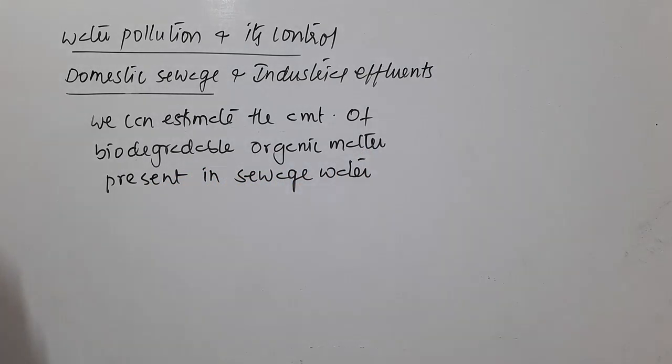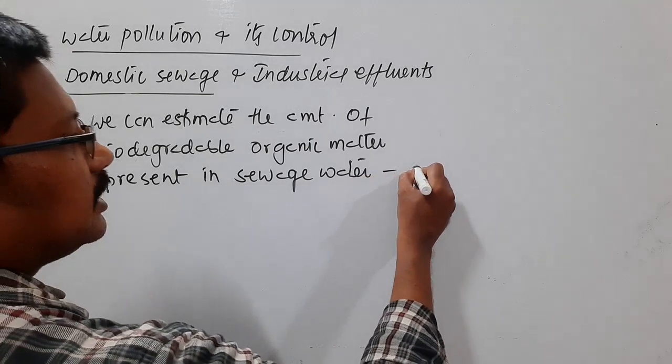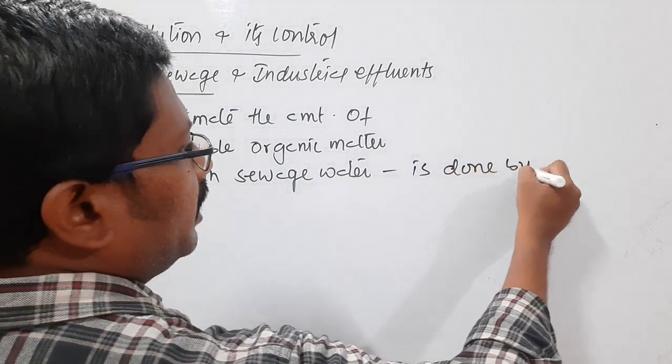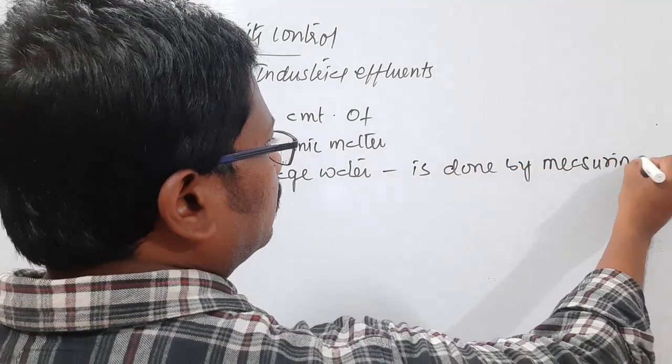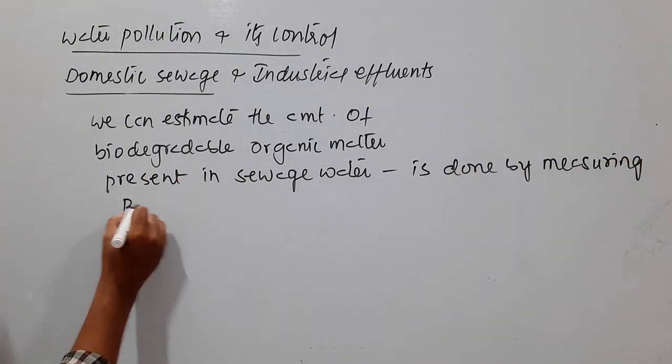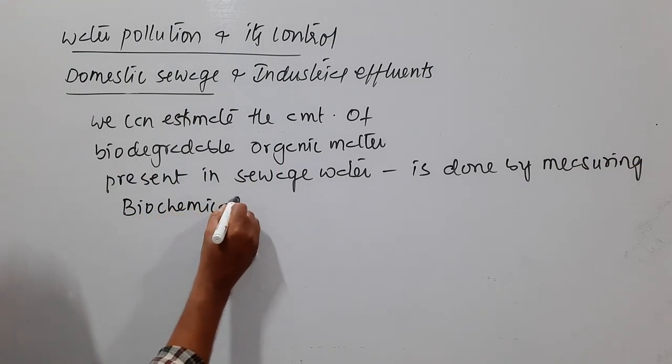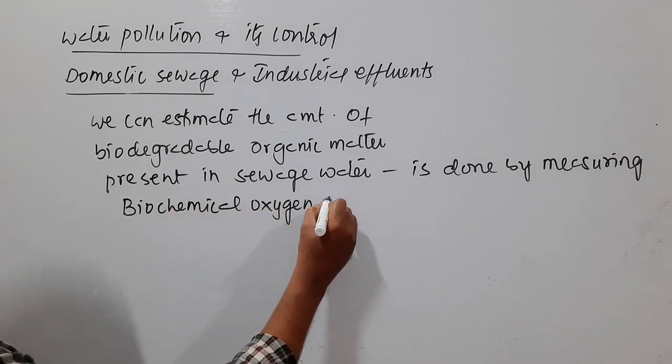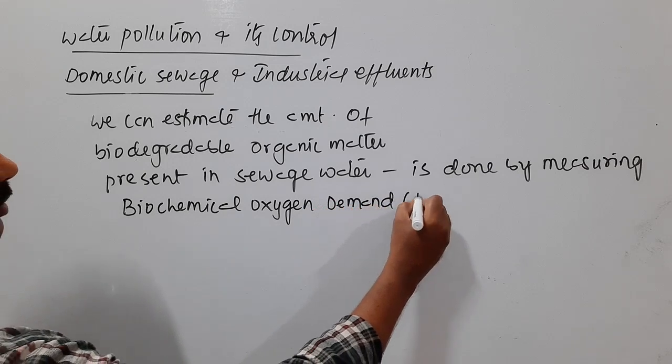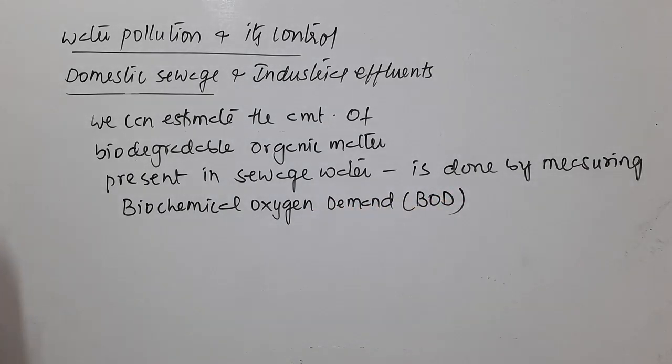How we are able to estimate the amount of biodegradable organic matter in sewage water is by measuring something called biochemical oxygen demand. We call it BOD in short, biological oxygen demand.